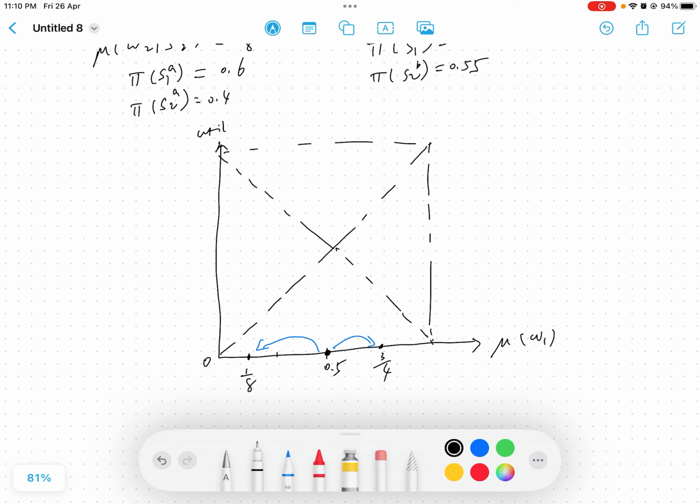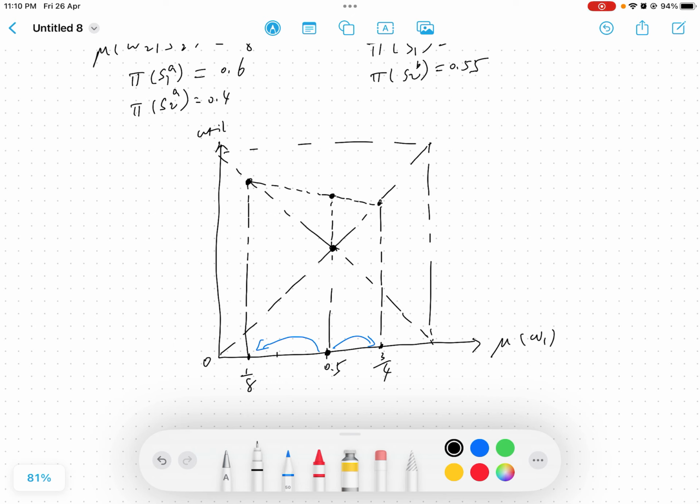Correspondingly, we have those expected utilities in the picture. Previously, it was 0.5 as the expected utility. Later, after the signal is presented and sent to this decision maker, the expected utility is increased to this point.